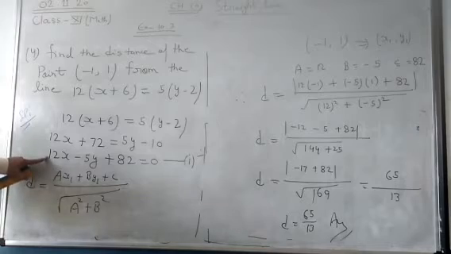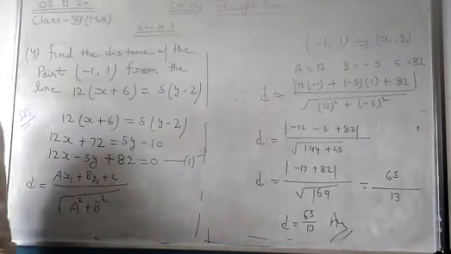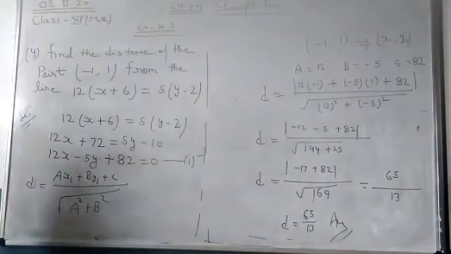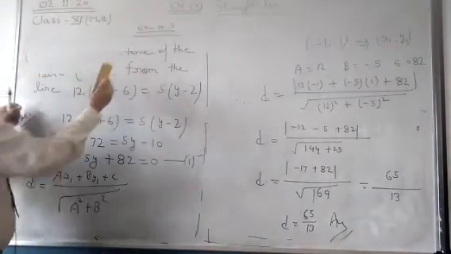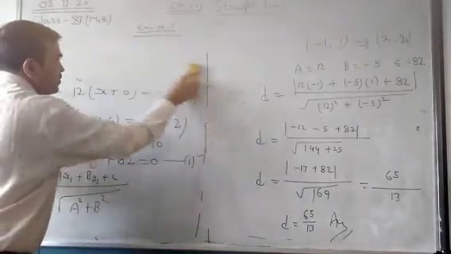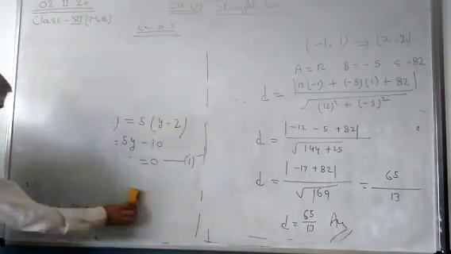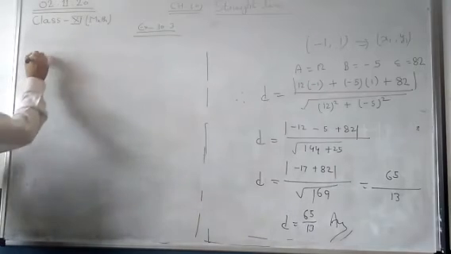A equals 12, B equals minus 5 and C equals 82. Okay. Now the next question, question number 5.